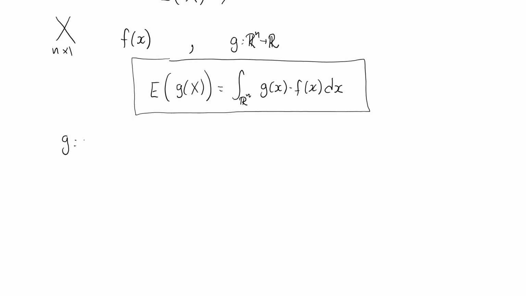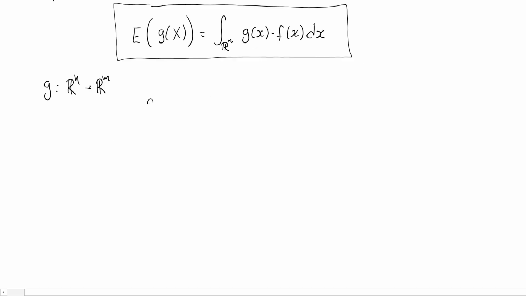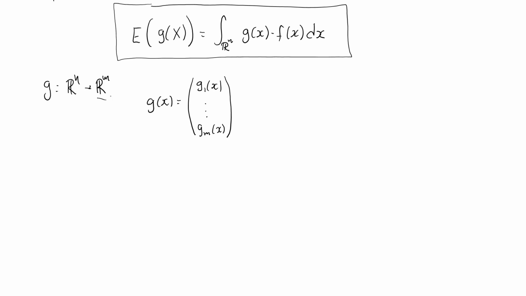If g is a function from Rn to Rm instead, then g of x will become a random vector. It will become an m by 1 random vector. Since we can write g of x in vector form as g1 of x through to gm of x, a vector valued function, that is a function that returns a vector in Rm, can always be written in this form.